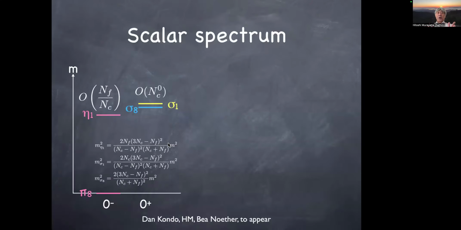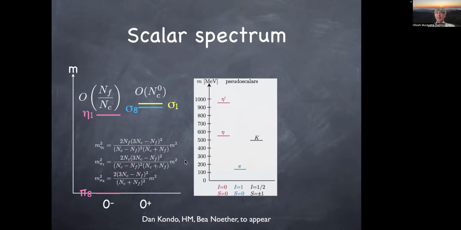Now that our meson is a complex scalar field because it's part of the supermultiplet, in addition to massless pions, you also have CP even scalar fields. And here's a spectrum with no quark mass introduced. And once you introduce the quark mass, we know that pions and kaons acquire mass squared proportional to quark mass.